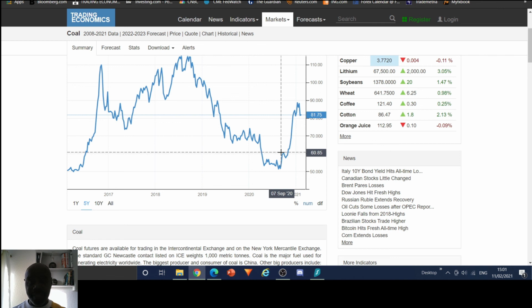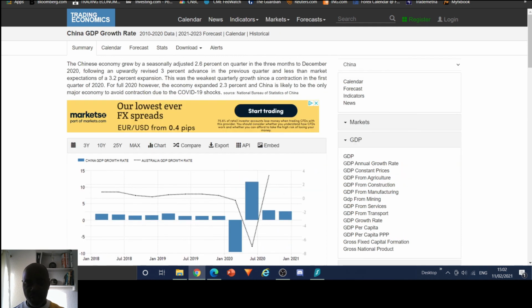August 2020, like I said on the other chart, is where coal bottomed and has taken off since. Is there anything else I can put to that?